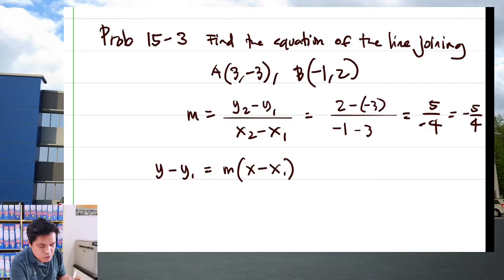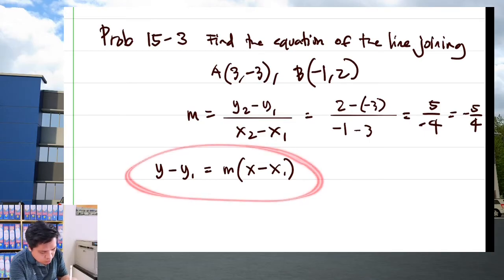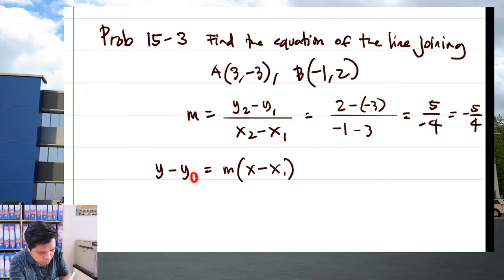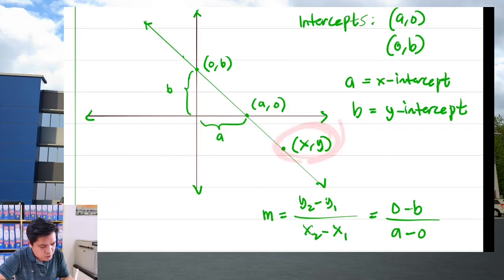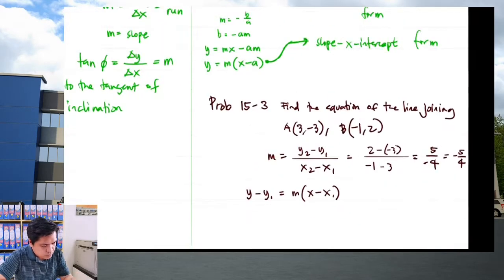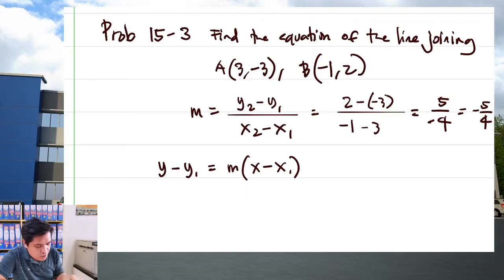That means we are describing, kung etong gagamitin natin, the first point and the general point xy. Okay? Pag y2 and x2 yung gamitin natin dito, that means we are just looking at the second point and the general point xy. Ganun pa rin yung lalabas na answer.